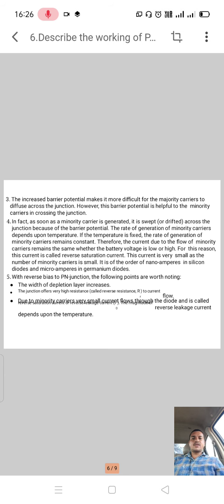For this reason, this current is called reverse saturation current. This current is very small as the number of minority carriers is small. It is of the order of nanoamperes in silicon diodes and microamperes in germanium diodes.